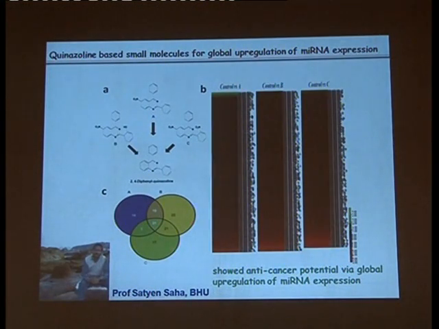As I explained, so far I have shown how to down-regulate microRNA. There are also a lot of microRNAs which are suppressed in nature, and you need to overexpress them. So as I explained, we are screening a lot of different types of molecules. This is another type of molecule known to bind RNA molecules. We screened them. This is a global expression study.